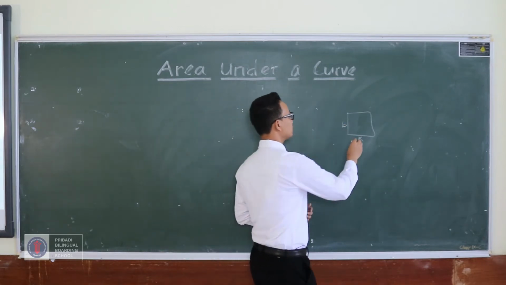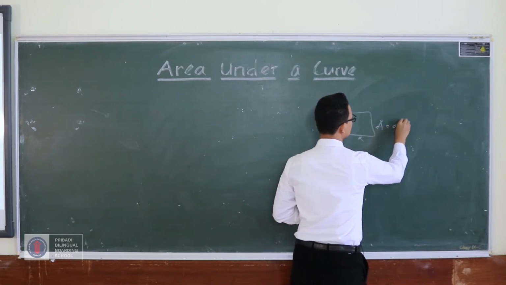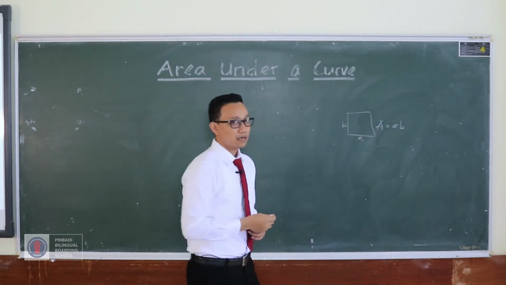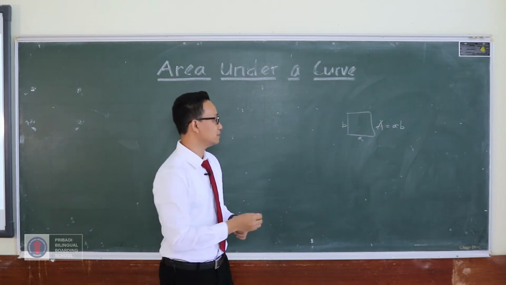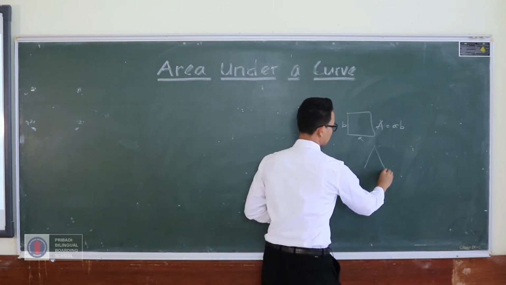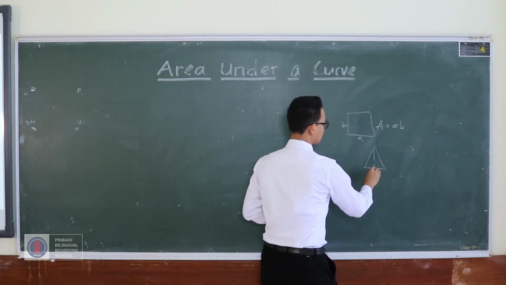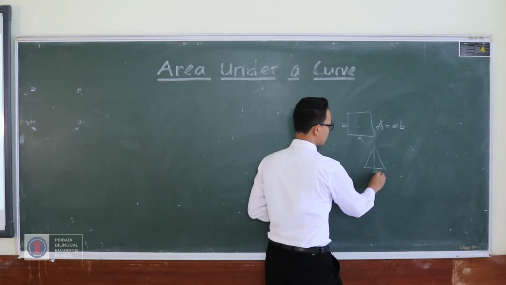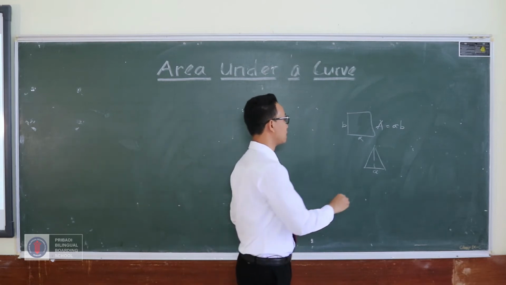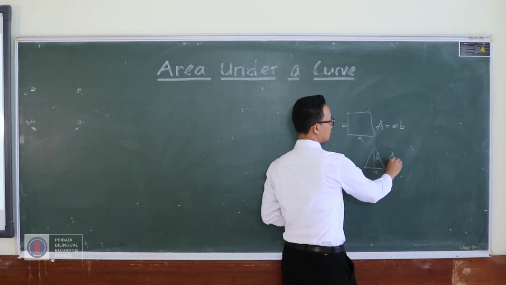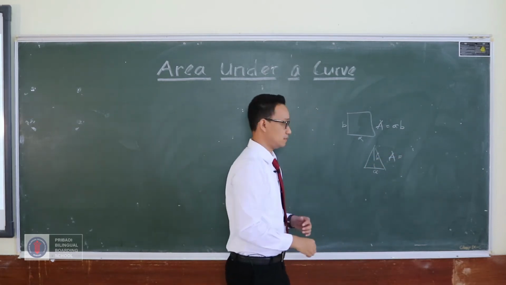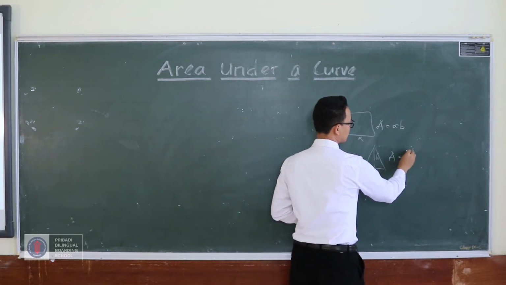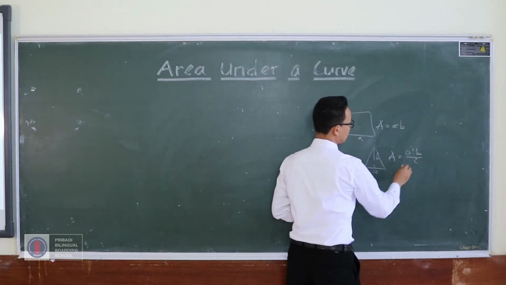And for a polygon, let's say this, the triangle, the base of this triangle multiplied by the height, divided by 2, gives the area, like this.